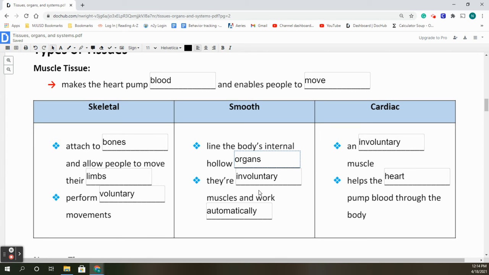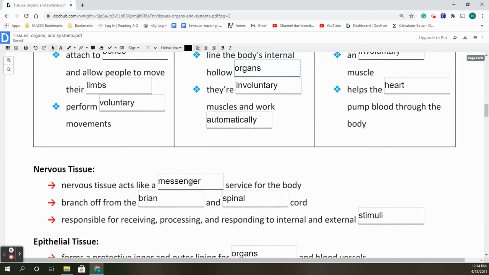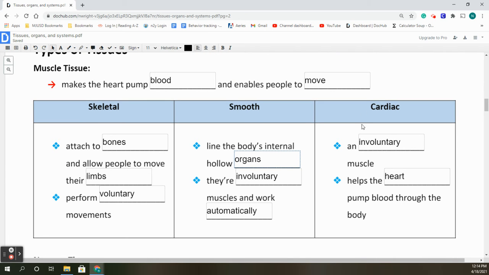They are involuntary muscles and work automatically. Cardiac muscle tissue, an involuntary muscle, helps the heart pump blood through the body. The heart is the only organ that has cardiac tissues.